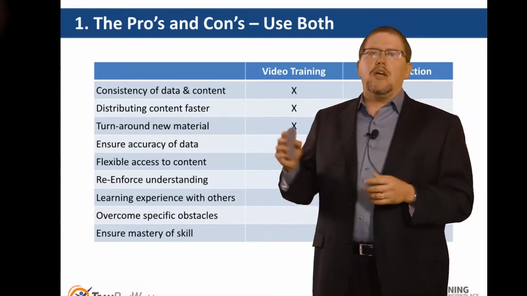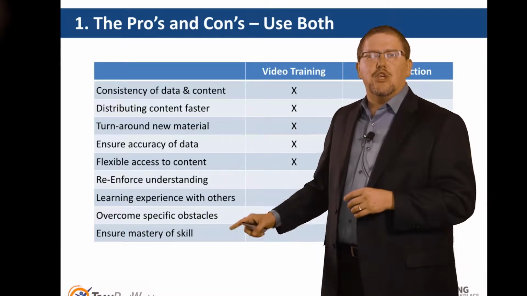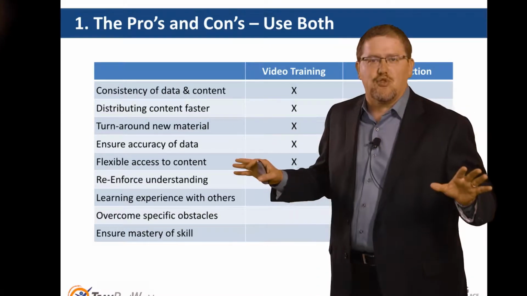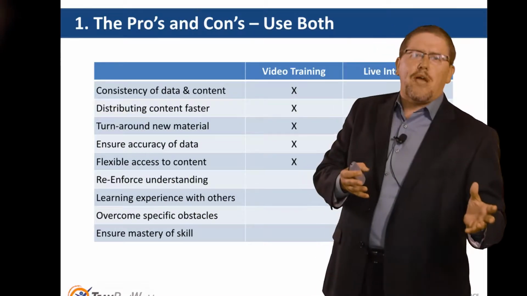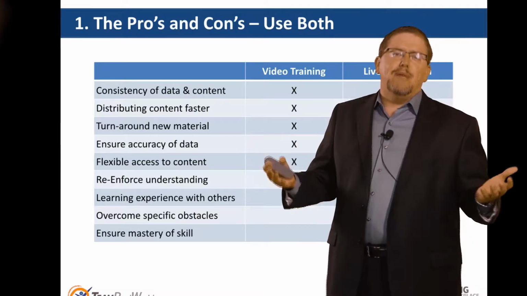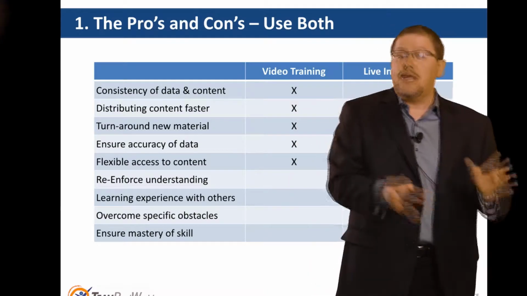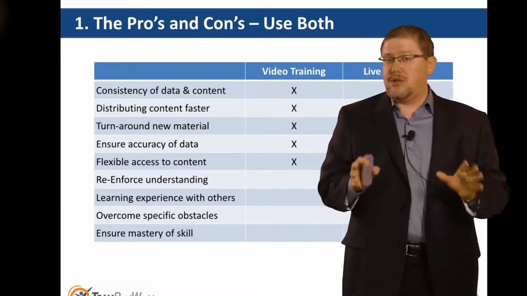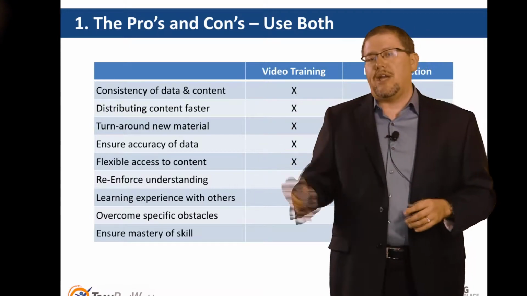All right, so here what we have is the major things that you want to accomplish with any kind of training. Training should provide for you consistency. So if you have one trainer that is regularly training everybody, it's just human nature that one session is not going to be the same as the second session. It should be close, and the material should be very consistent, even if it's the same person rolling out training.